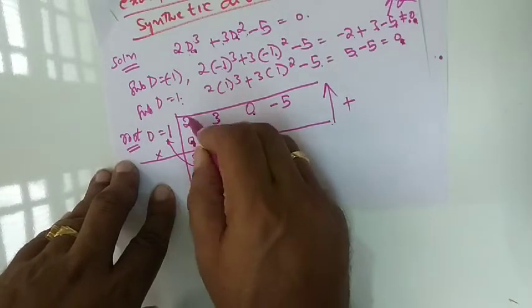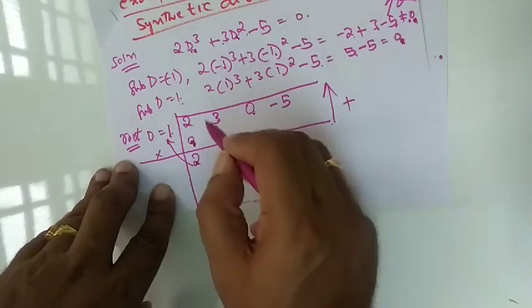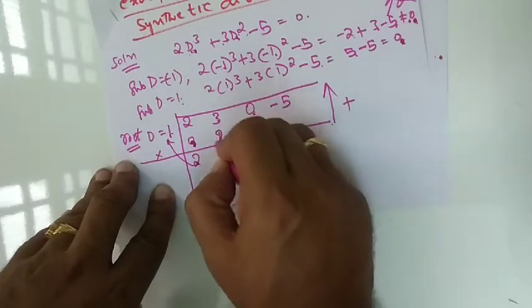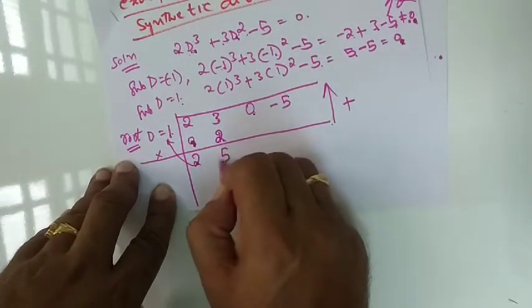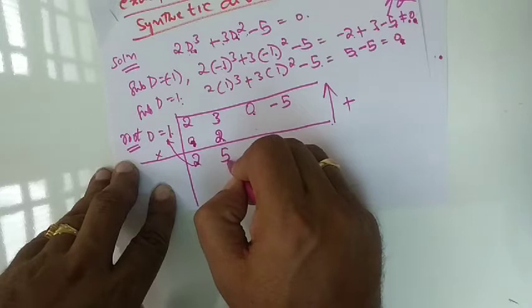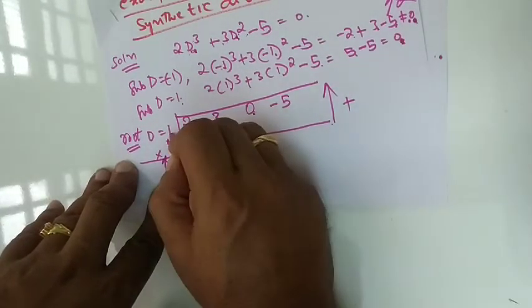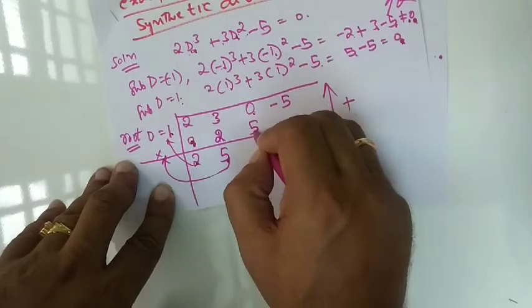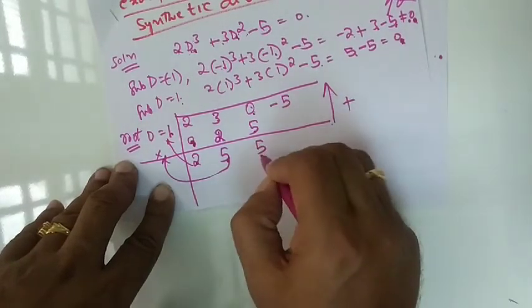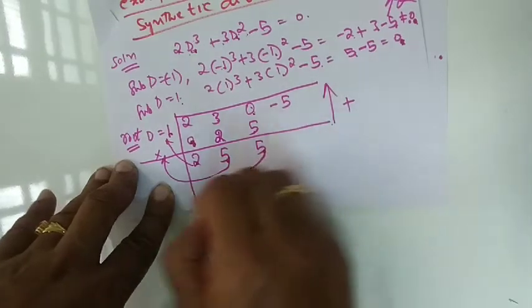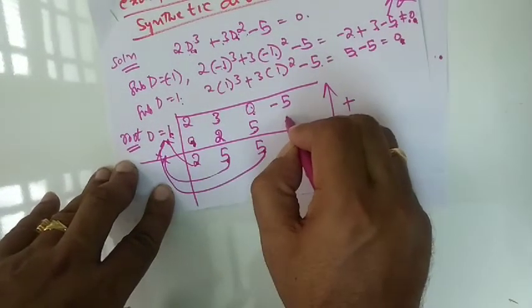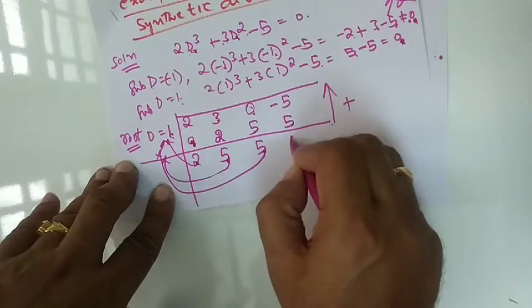Add the numbers. 2 plus 0, 2. 2 into 1, 2. Now 2 plus 3, 5. This 5 should be multiplied again by 1, 5. 5 plus 0, 5. This 5 again multiplied by 1, 5 into 1, 5. 5 plus minus 5, 0.